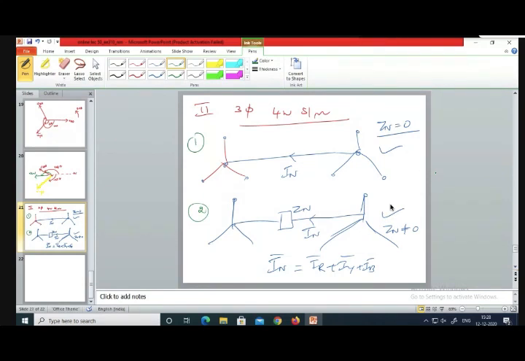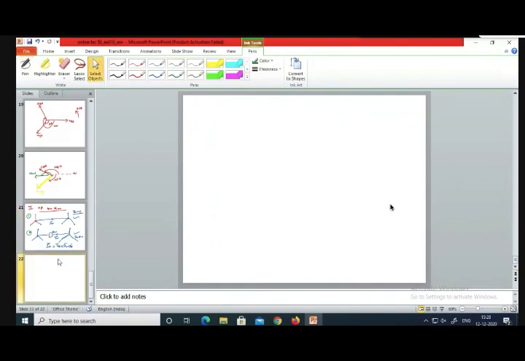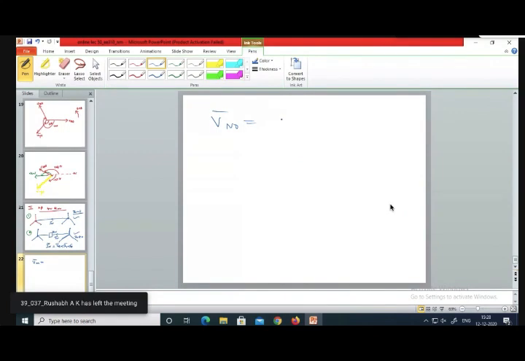In the second case, you have to find out the neutral shift voltage as before, that is VNO. It is nothing but the same formula we have been using, but you have to add the admittance of the neutral.